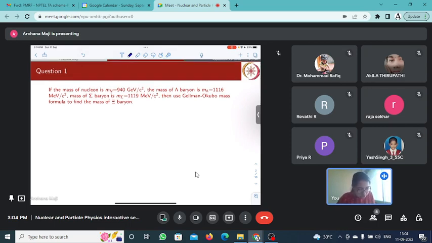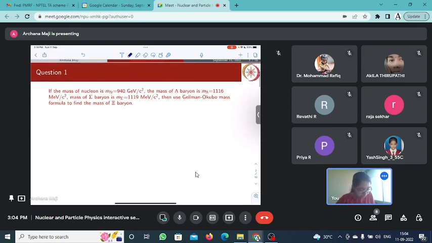The masses of the nucleon, lambda baryon, and sigma baryon are given to us. We have to find the mass of the cascade using the Gell-Mann-Okubo mass formula.